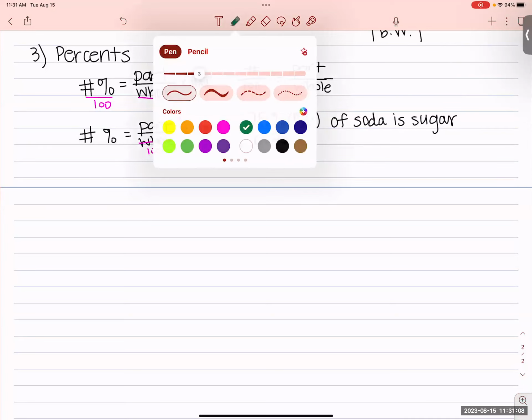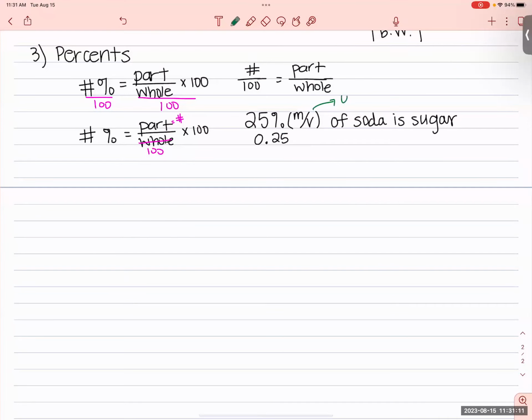So if I say mass volume, let's use units of mass over volume. So kind of like density, but it's going to be different substances on either side. Let's use grams and milliliters.